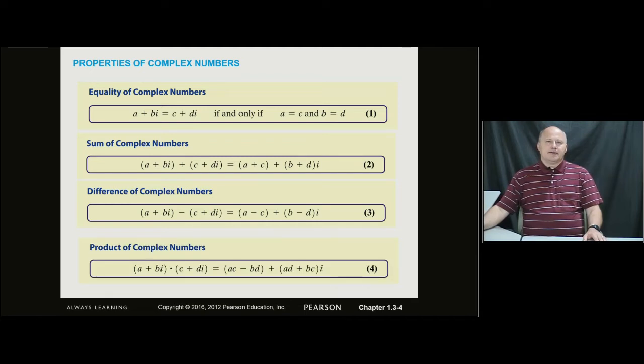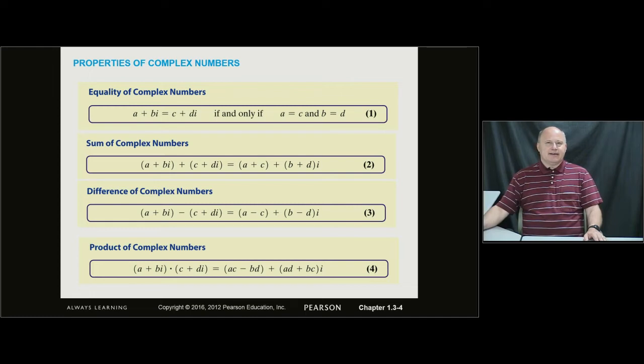And the product is a little bit more complicated. If you multiply a plus bi times c plus di, it's not like multiplying the real parts and the imaginary parts. It's more along the lines of what you're used to doing with binomial expressions. You do something called FOIL. You multiply a times c, and then bi times di, which becomes bd i squared. Since i squared is -1, it becomes minus bd.